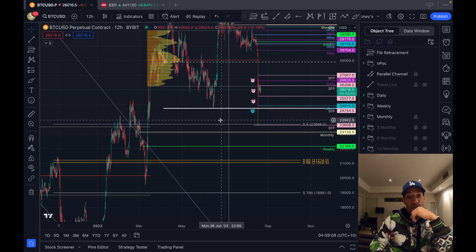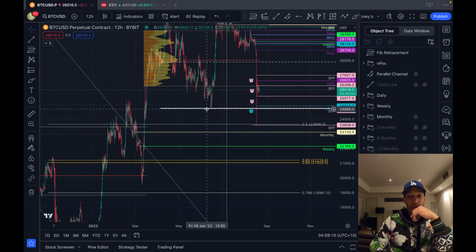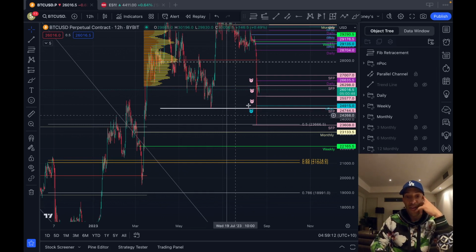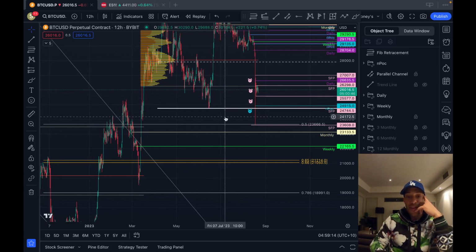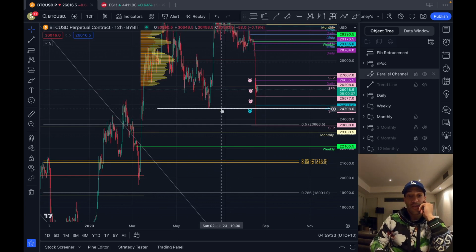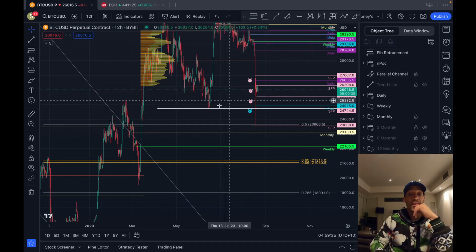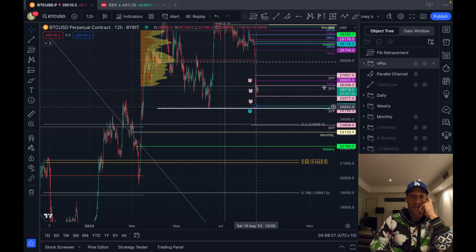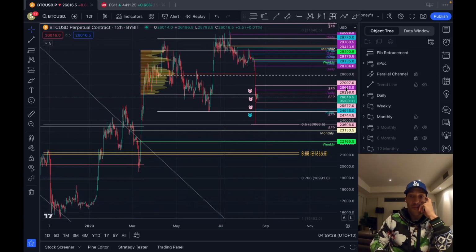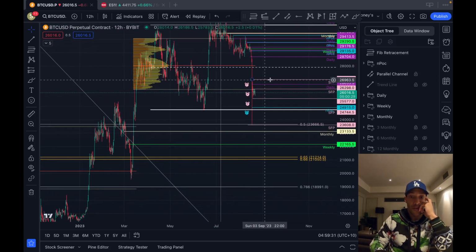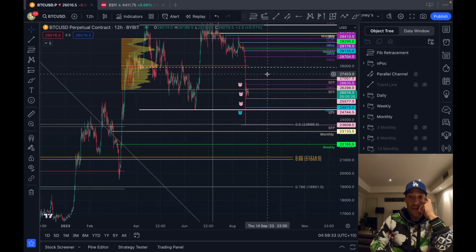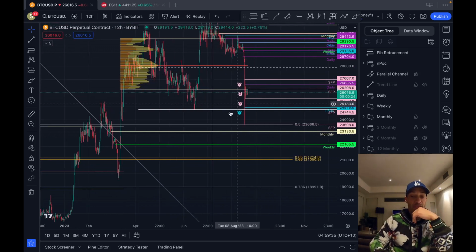For an SFP zone, like right here at 24,689, you'd be looking for price to get acceptance after coming down to breach that zone. You'd be looking for price to get acceptance back above it, trapping lots of aggressive shorts, and then seeing a subsequent rise to the upside where you can capitalize on that. So for those of you that don't know what SFP zones are, that's what they are. These pink lines that I have are SFP zones.